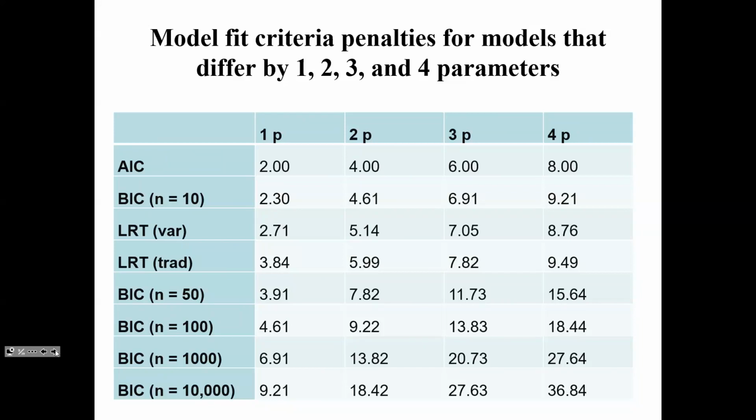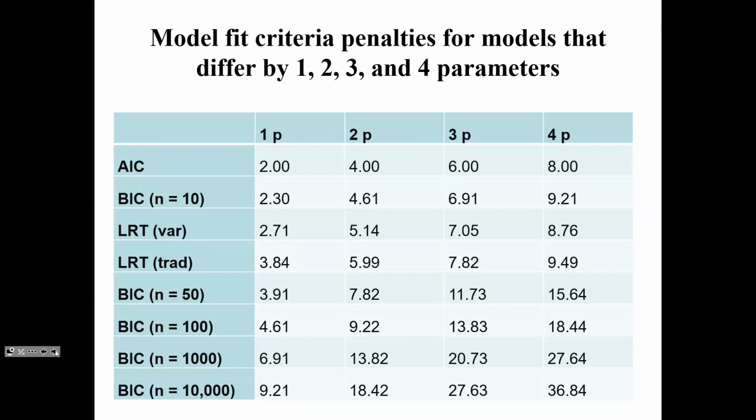And the likelihood ratio test with the variances is actually going to be the least conservative of all of those. But you can see that this changes radically depending on how many people you have, right? So if you have 100 people, for the 4 parameter test you're going to need a deviance difference of 18.44.